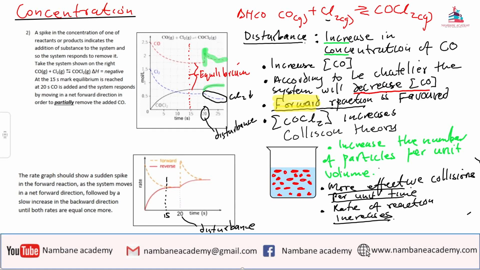So we are linking the two by so doing. Le Chatelier tells us which reaction will be favored, but collision theory tells us how the rate of reaction will be affected: increase, decrease, or remain the same.